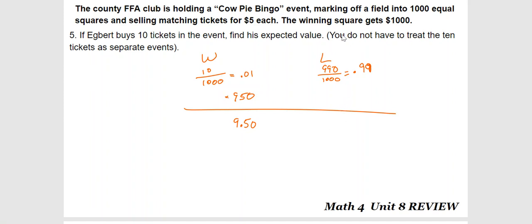And meanwhile, if he loses, he just loses the $50 he spent on the tickets, which is going to come out looking like that. Whoops. 1 decimal place. And that is going to be negative. So by the time I put those two together, I get negative 40 bucks as an expected value.